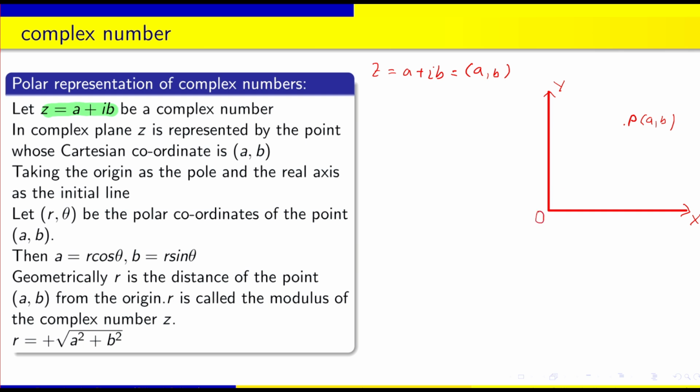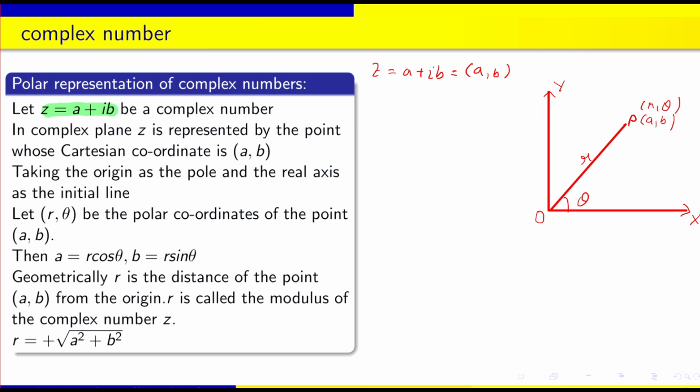Let (r, theta) be the polar coordinate of the point (a, b), the same point P. So that means the radius vector through the origin to the point P will make angle theta with the initial line, and the distance OP is r. So (r, theta) is the polar coordinate of the point P.